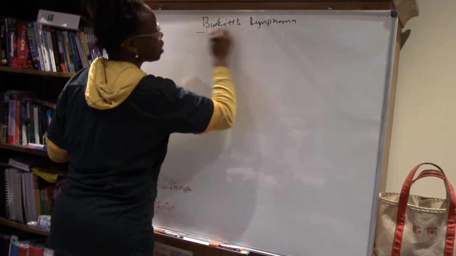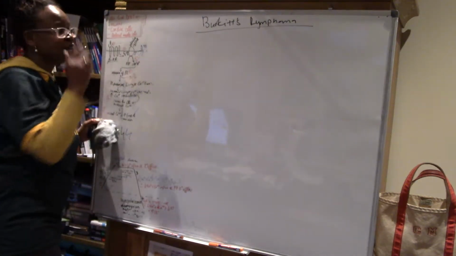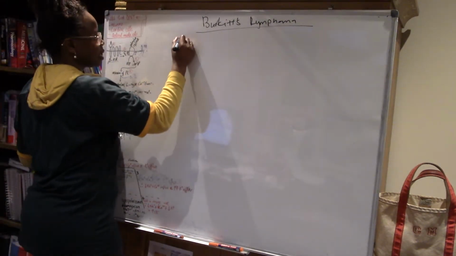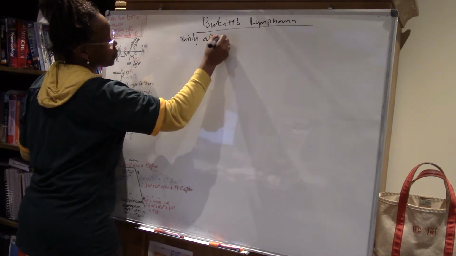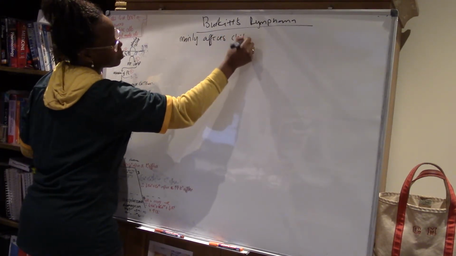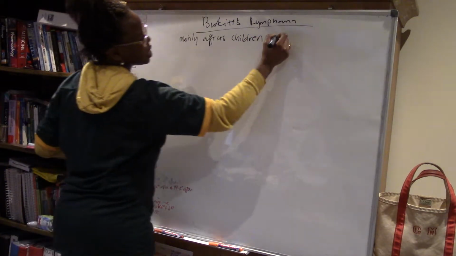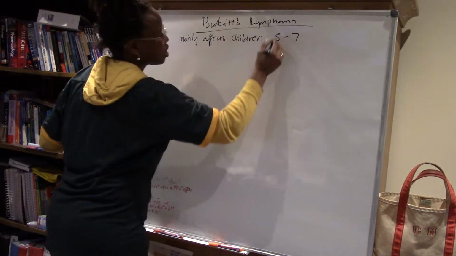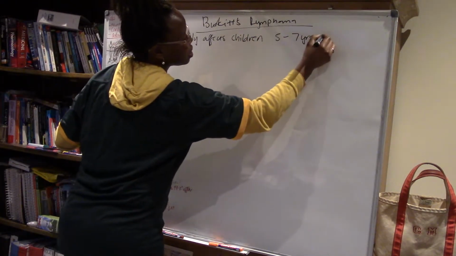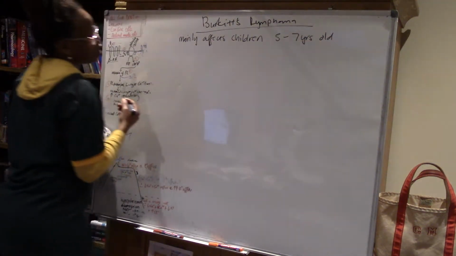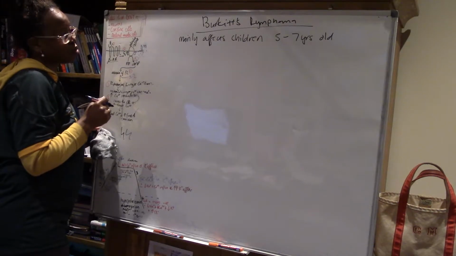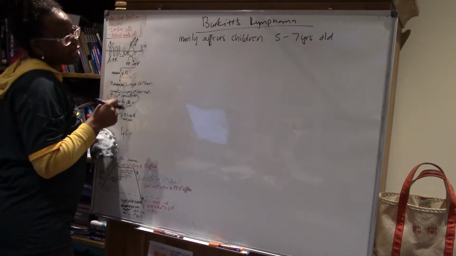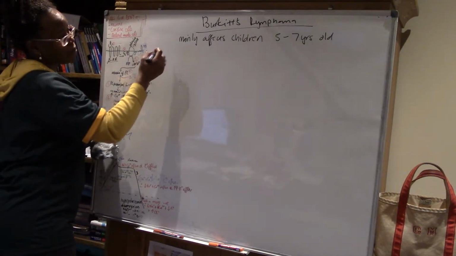So then Burkitt's. Again, a non-Hodgkin's lymphoma that mainly affects children between the ages of 5 to 7 years old. Much more common in males. Lymphomas seem to be much more common in males. Again, it is a blood cancer.